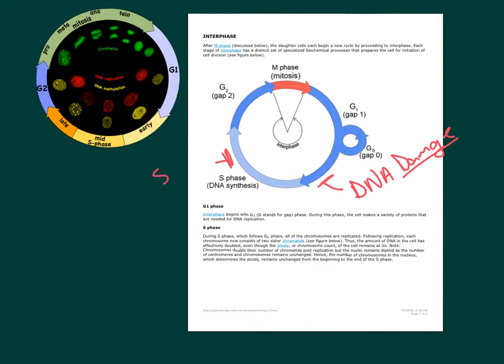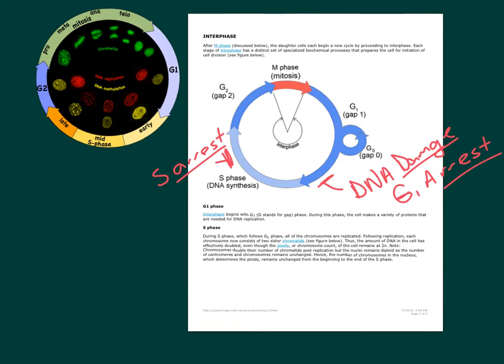It's called S arrest. I know it's kind of silly, but S arrest, right? So you have G1 arrest, where the cell stops its cell cycle here because of damage in the DNA that the cell recognizes.